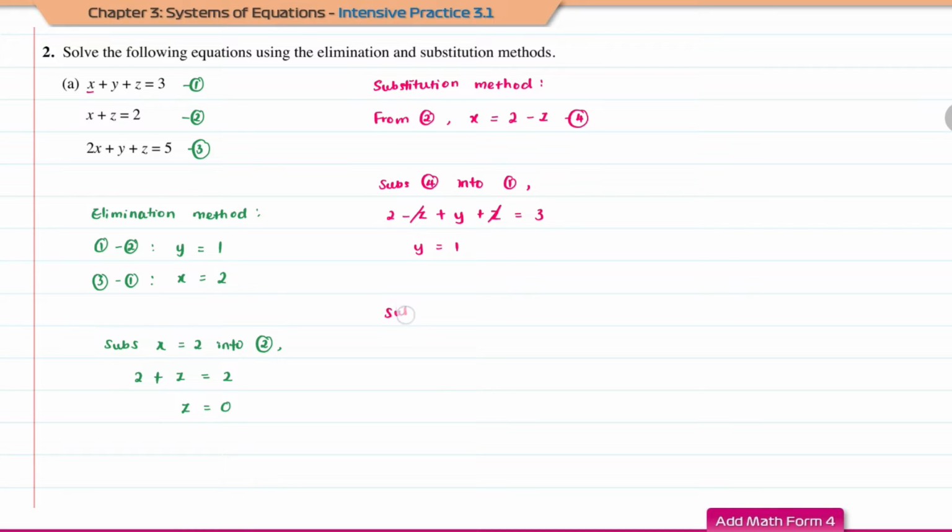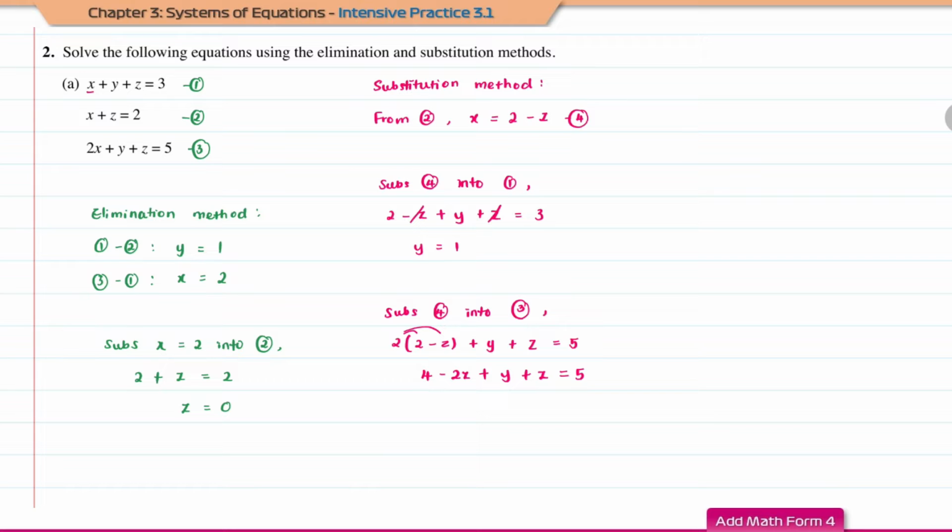Next, I'm going to substitute equation number 4 into equation 3. So it's going to be 2 bracket, the x will be 2 minus z, plus y plus z equals 5. Then I'm going to expand this. So 4 minus 2z plus y plus z equals 5.